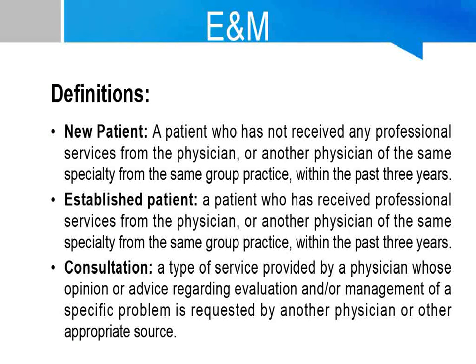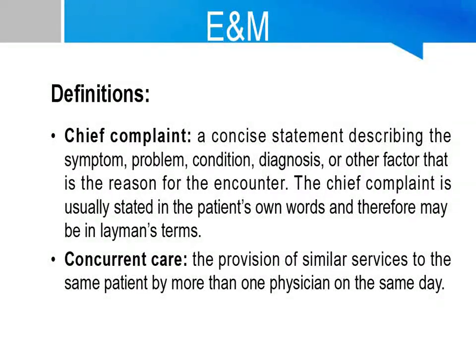The physician may differ, but the specialty and the group should be the same. Then only we can assume that this patient is an established patient, if he or she has been seen within 3 years. And if any physician sees the patient after more than 3 years, or for the first time, it is a new patient.